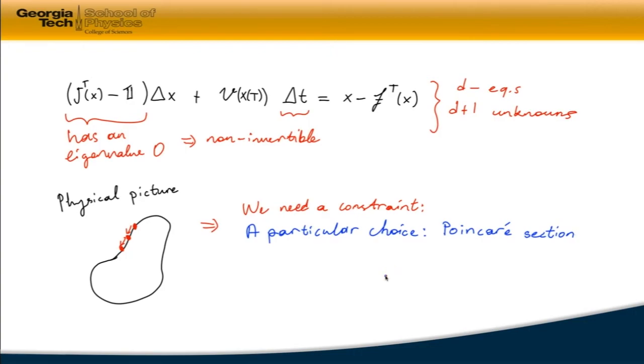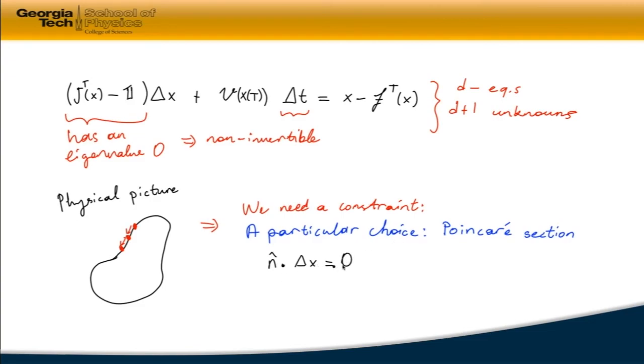Mathematically, we can express this situation by demanding that whatever variation we add to our initial guess, we want it to stay on the Poincare section.